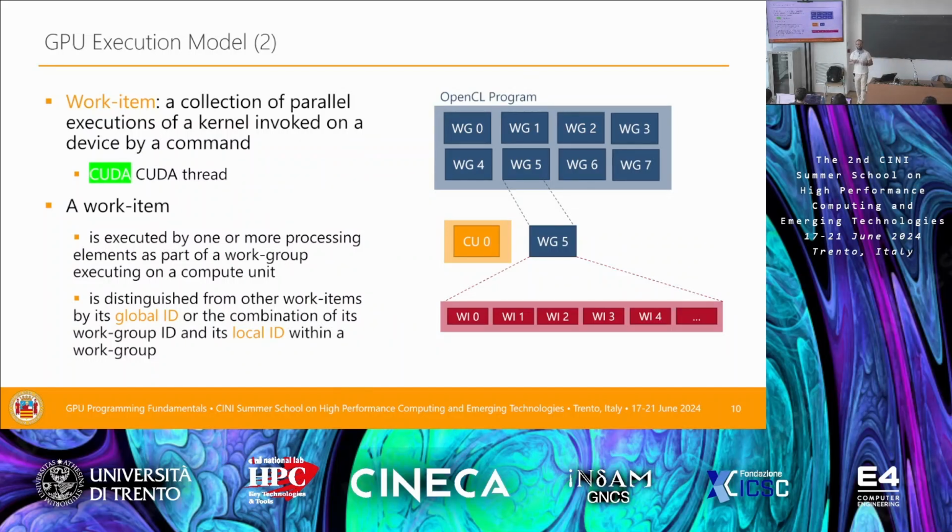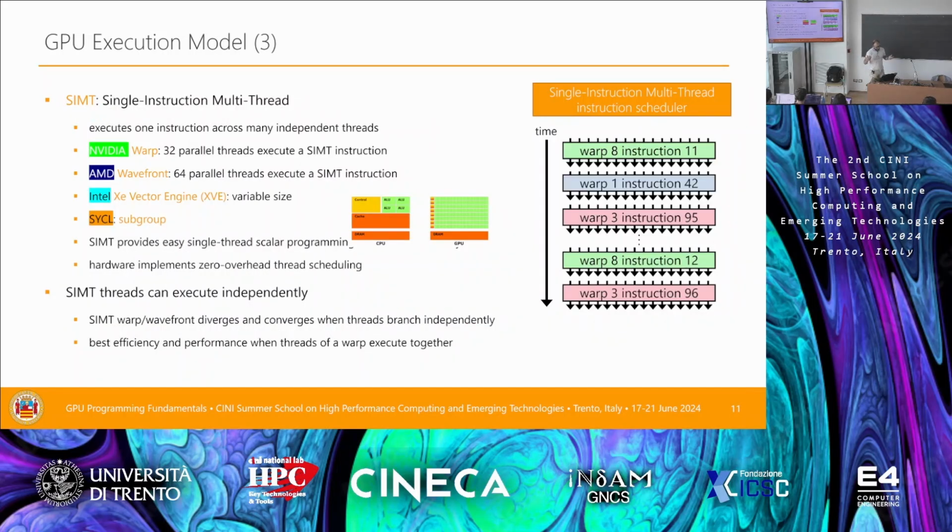If you are running a vector addition of 100,000 elements, you will have 100,000 work items, organized by work group. Under the hood, I will not tell you more about the execution model because otherwise we are lost and we don't see any code, right?